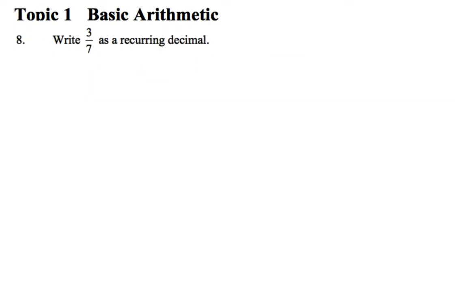Writing 3 over 7 as a recurring decimal, we'll do it a bit like we did with the other fraction, where we divide the bottom into the top there. We can start off with 3.000, as many zeros as we like. We might need a few zeros on this one if it's going to keep going on and on. But if we divide 7 into that, the bottom of any fraction divides into the top. 7 goes into 3 no times.